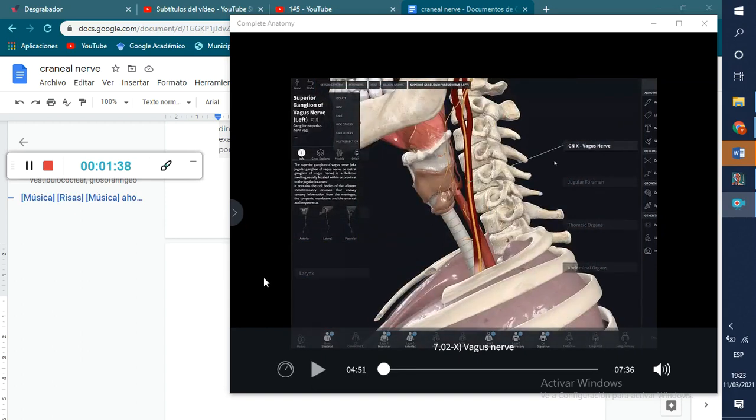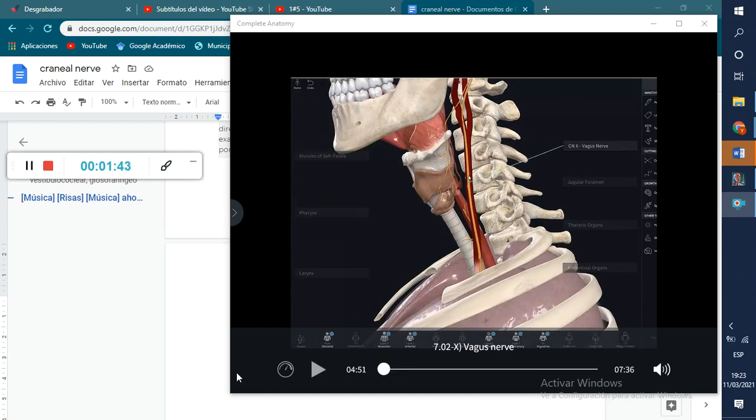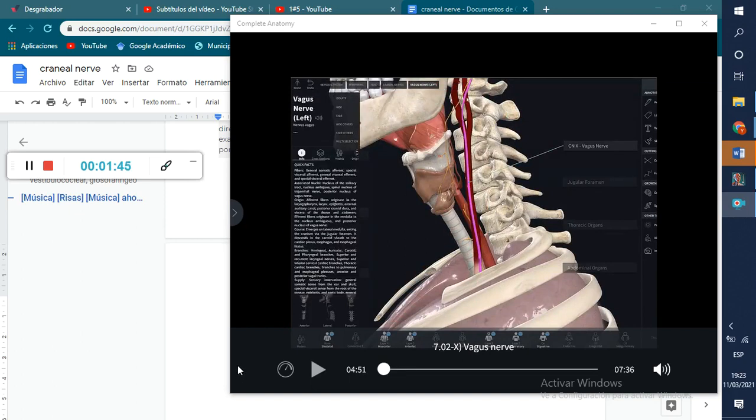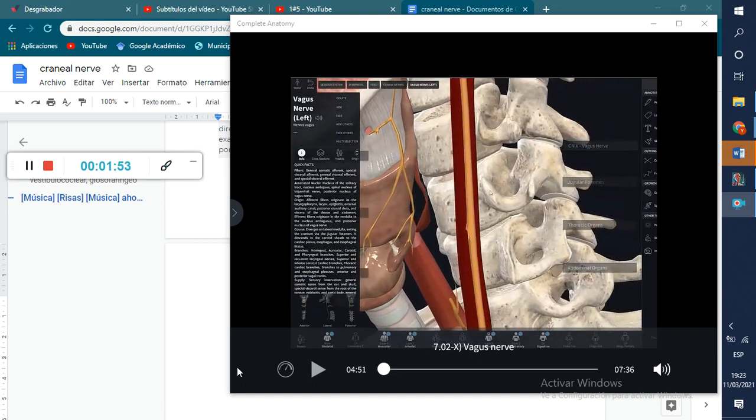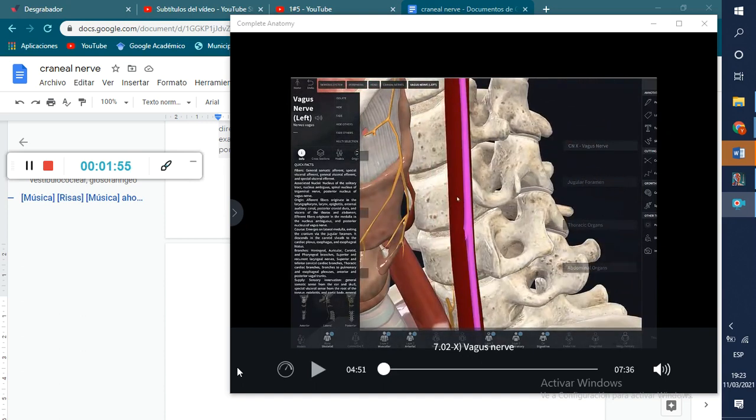So let's have a look at the course of the vagus nerve now. We can see that the vagus nerve will then continue inferiorly. It's actually the longest nerve in the body. It's also called the wanderer. And it's within the carotid sheath. Remember, there's 3 things in the carotid sheath. There's the vagus nerve, the carotid artery, so it depends on where you are.